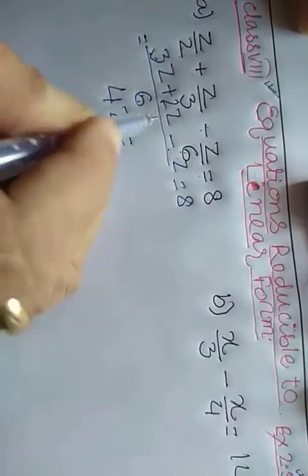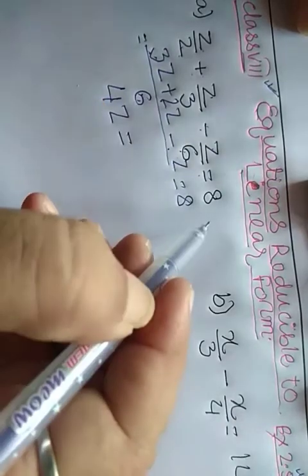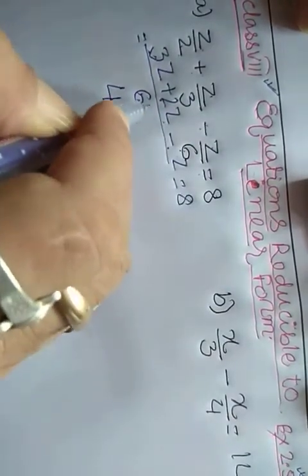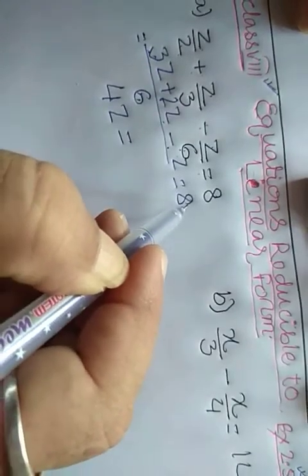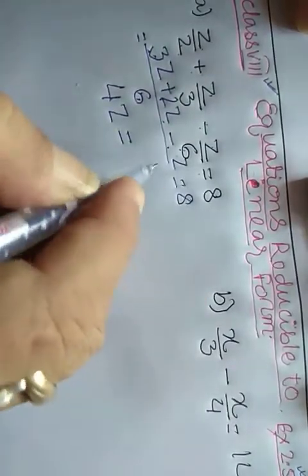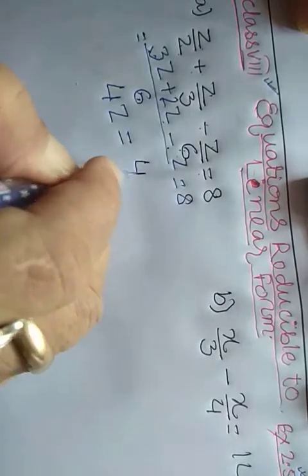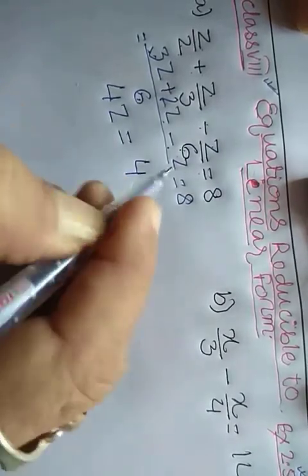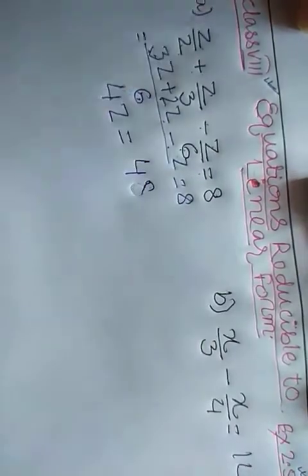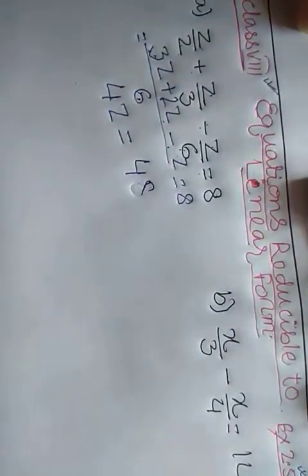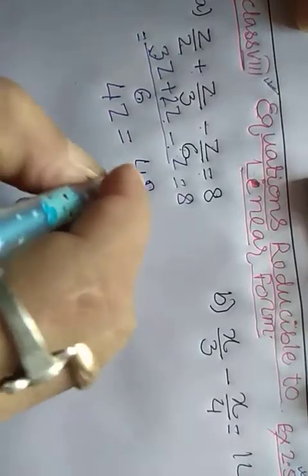is equal to, let us take this 6 to the other side. Here it is dividing, on the other side it will multiply. 8 6s are how much? 48.